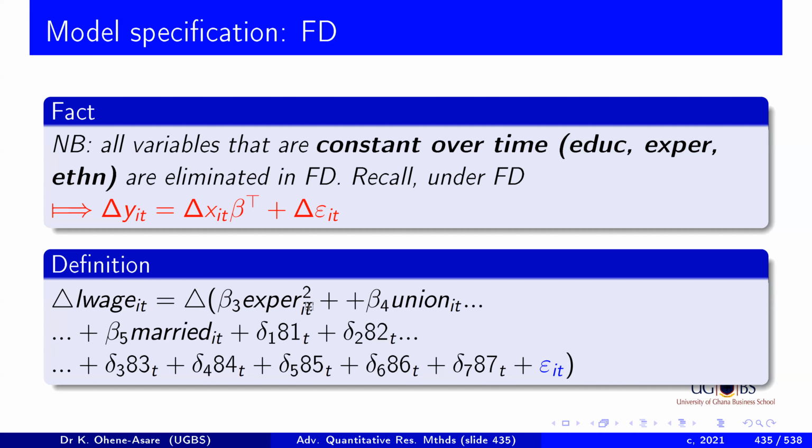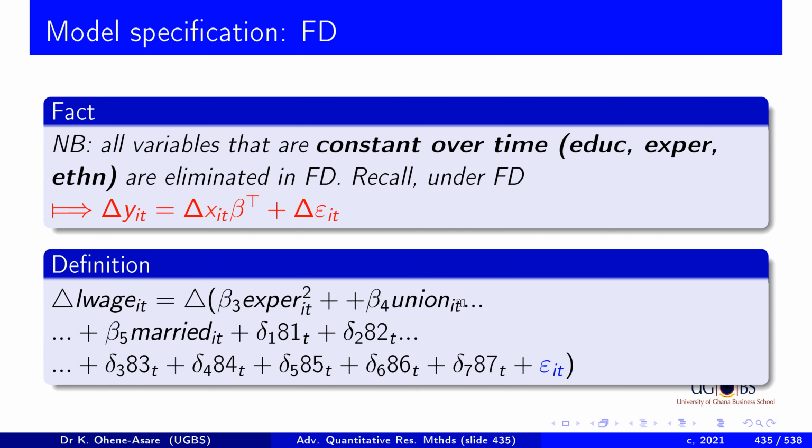Those factors that are not changing with time, we have removed them. So you can see that there is no education here. There's also no experience, but we have experience squared. Now remember, why do we have experience squared? Because that one is changing over time. Because we said that at some point the experience would diminish. So that's one we are including.